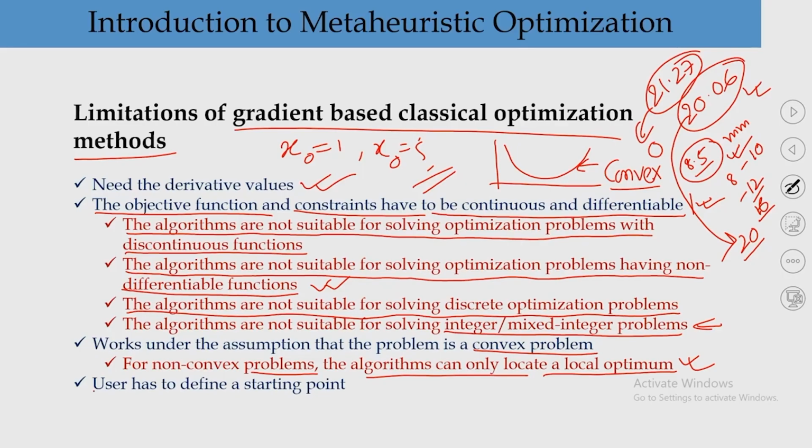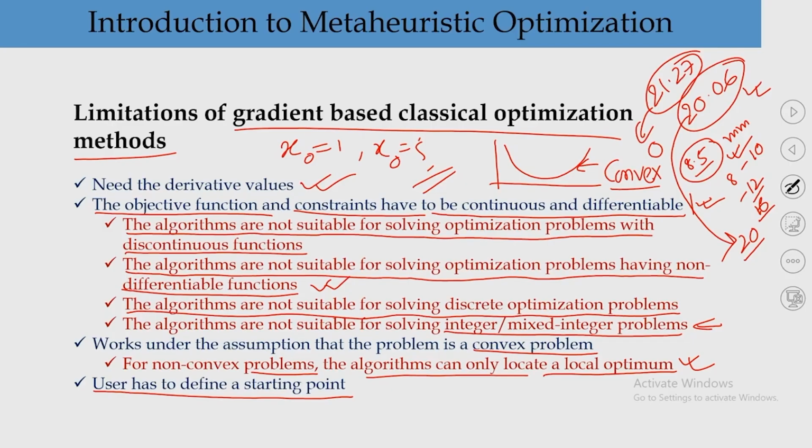Now, the user has to define a starting point. This is another limitation, because in case of a non-convex problem, if you have more than one optimal solution and I would like to find the global optimal solution, I really do not know what starting point I should take. But the user has to define a starting point here.